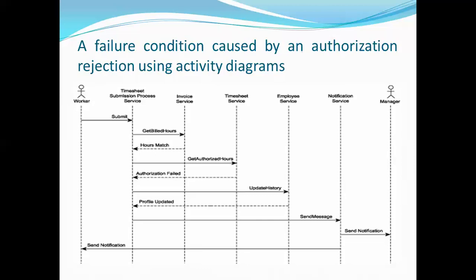Then send the notification. The notification service is executed, and with the help of the notification service it raises and communicates the rejection message to the manager as well as the worker.